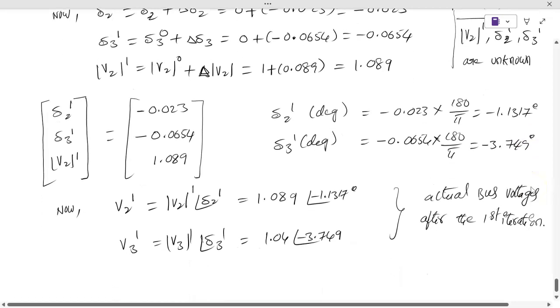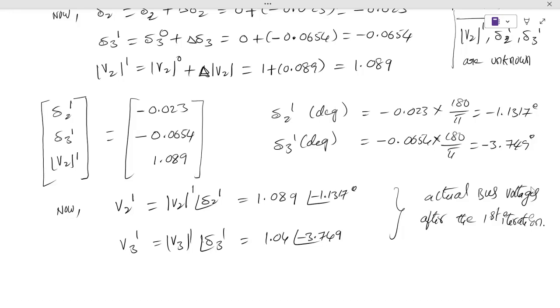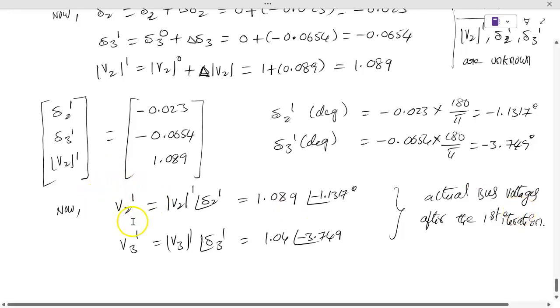Okay. Now we got the del values in degrees. And all magnitudes, V2^1 we have, V3^1 we have. V2^1 now is the bus 2 voltage in its magnitude and angle. Magnitude is already 1.089 and del is this value.